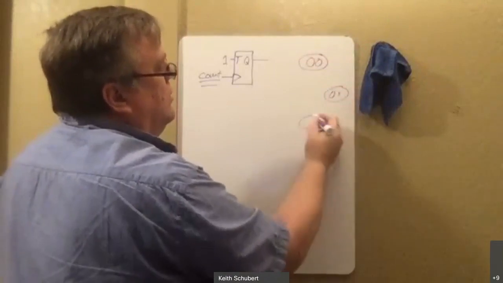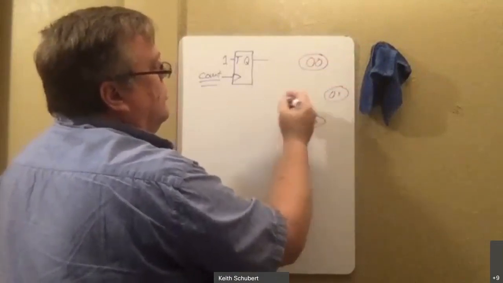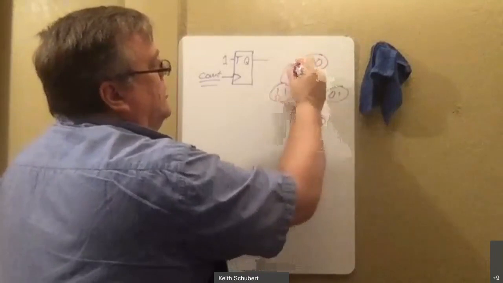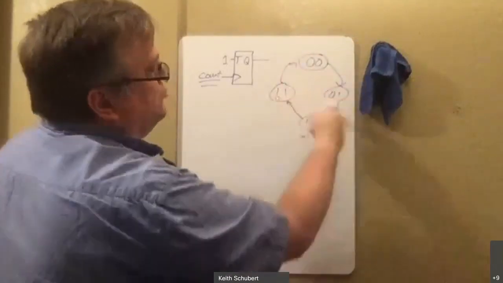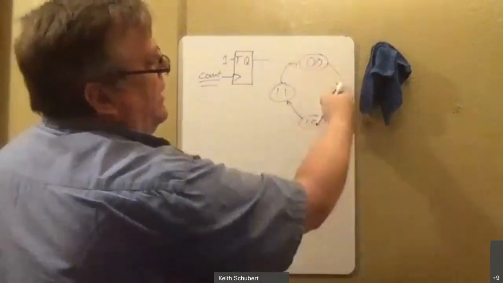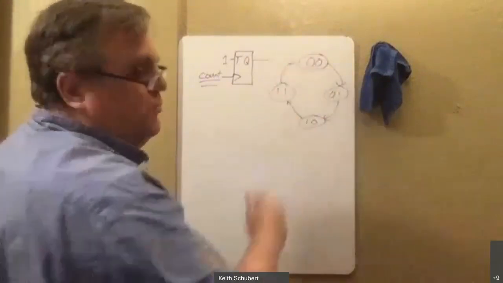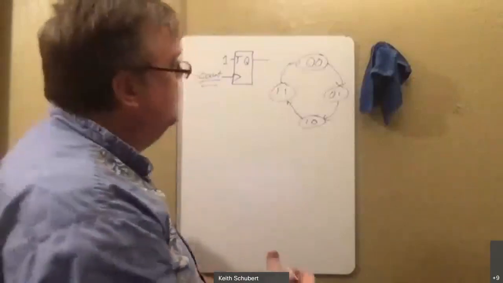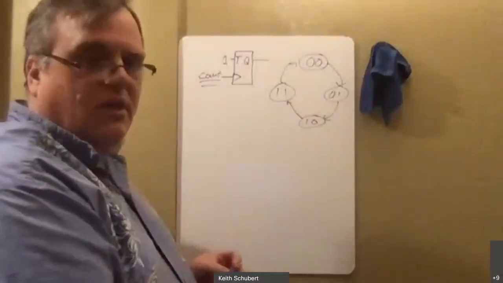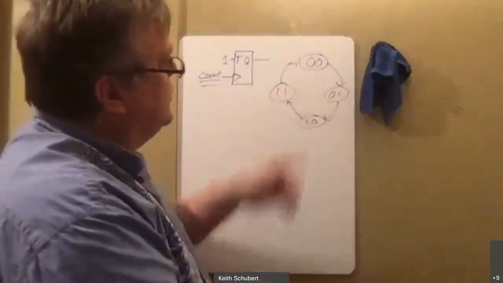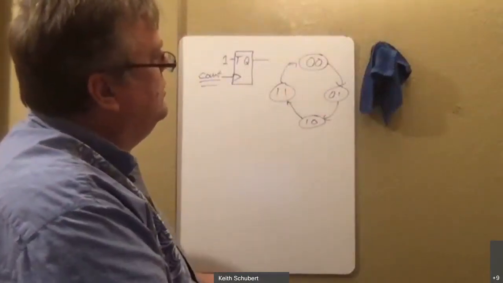I'm just going to draw the arrows like this, and every time there's an arrow drawn, it means that I got a pulse coming in. And I'm not going to show the stay-here when the pulse isn't present. This is just a shortcut we often do when drawing these.